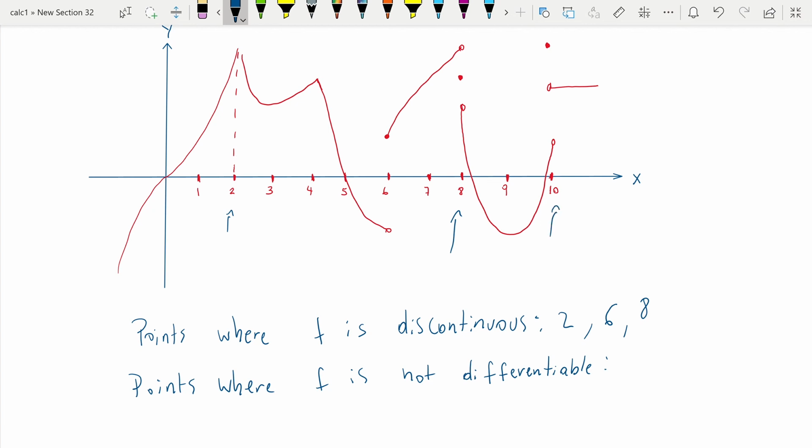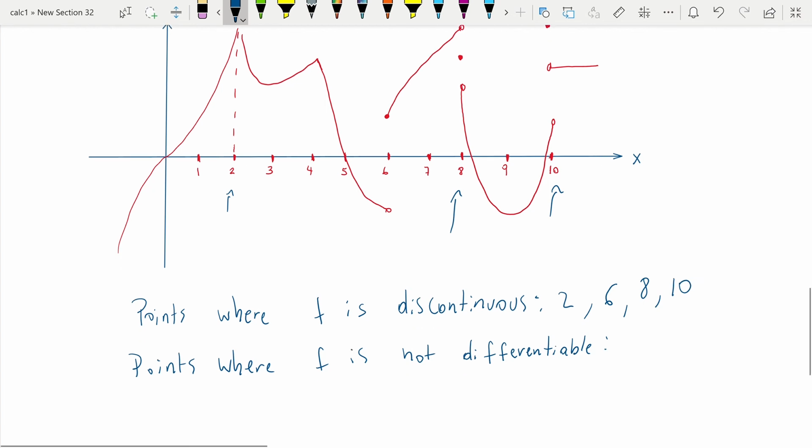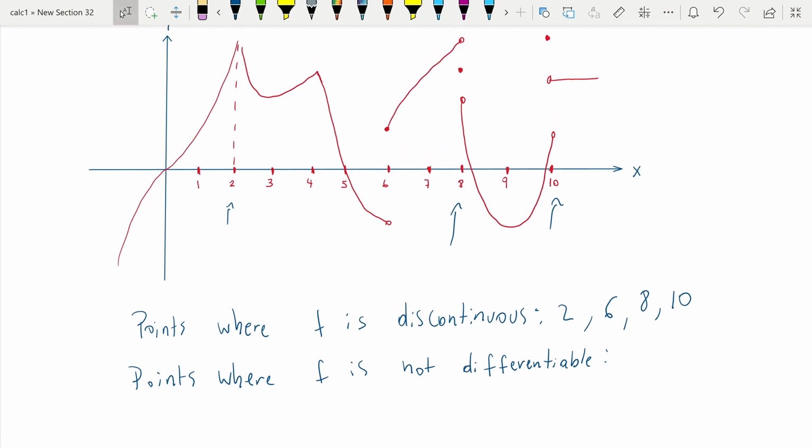And finally when x is equal to 10. We know already that where f is discontinuous, f will not be differentiable either. So this set of points where f is not differentiable will certainly include 2, 6, 8, and 10.